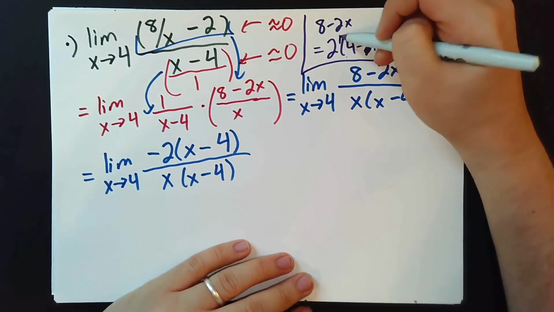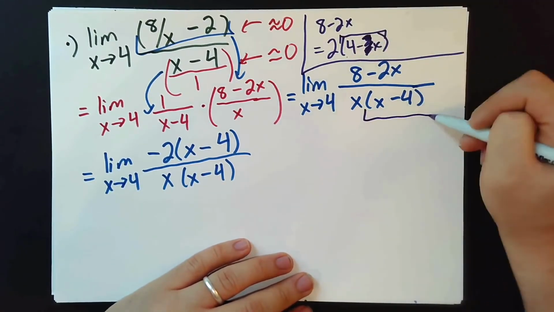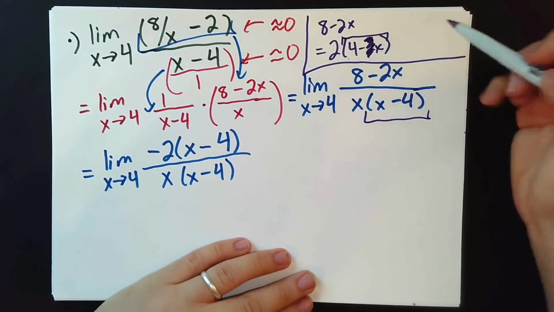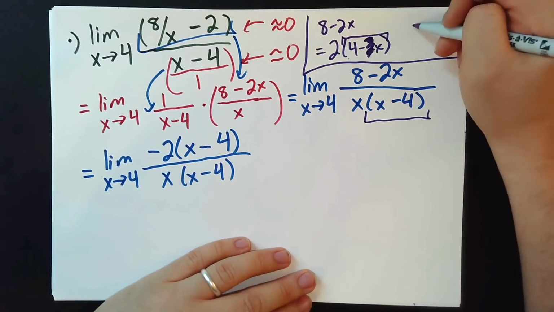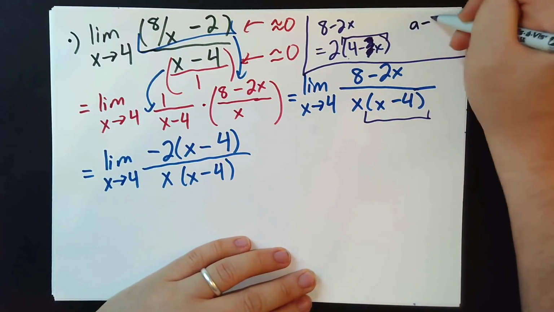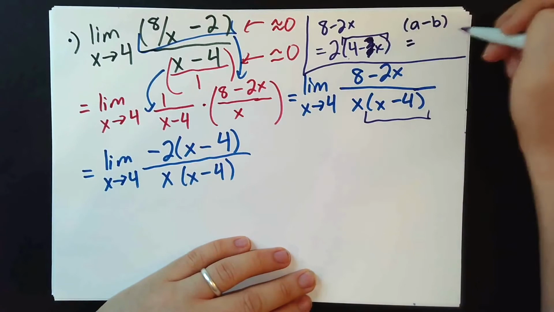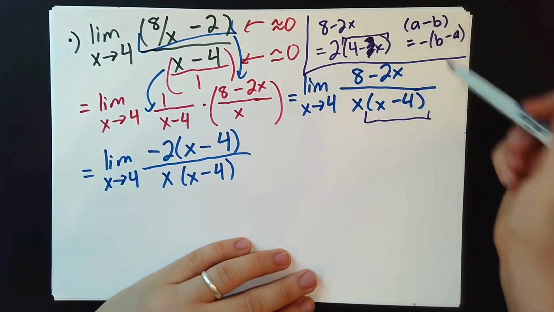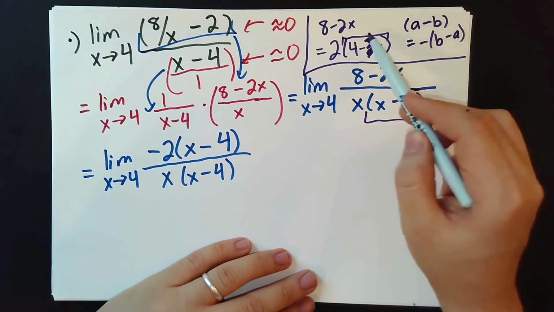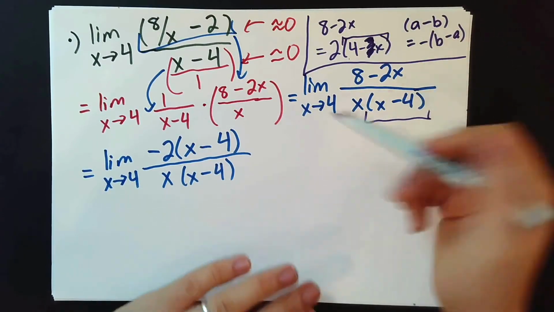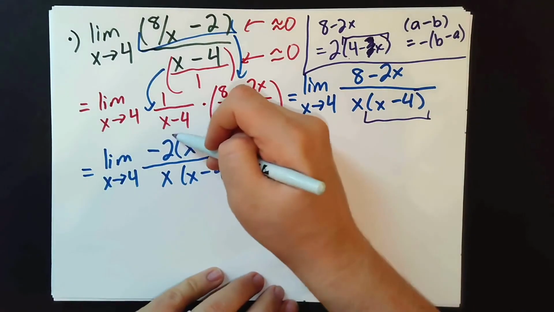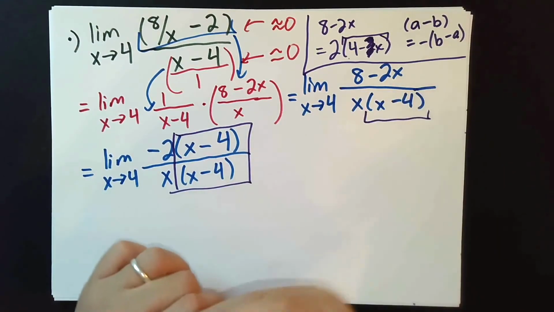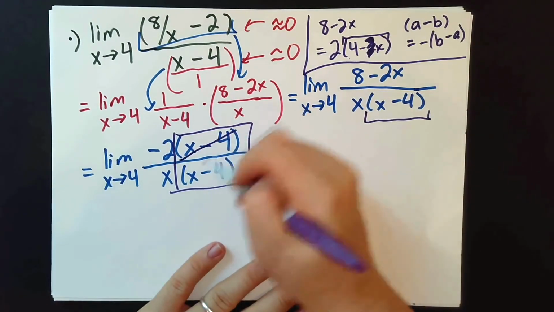And this 4 minus x is the same thing as x minus 4, but backwards, which is where you use our trick from a few videos ago, that if you have an a minus b, that's the same thing as minus b minus a. Okay. So either way you look at this, you end up in the same place where you've now got this x minus 4 in the numerator and denominator. So I can cancel those.